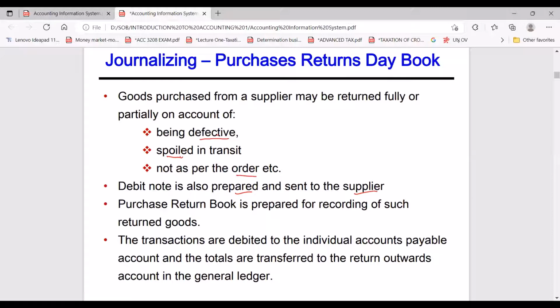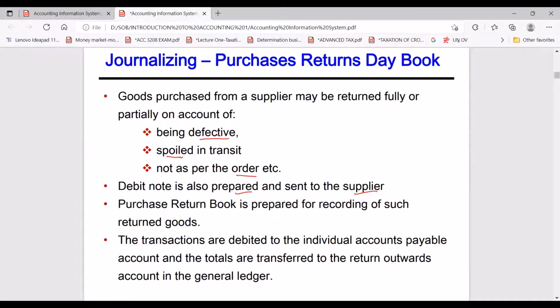These transactions in the purchases returns day book are then debited in the individual accounts payable accounts of the various suppliers to whom the goods have been returned, especially after the supplier has accepted return of such goods.